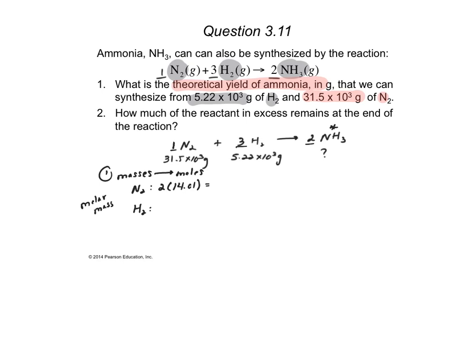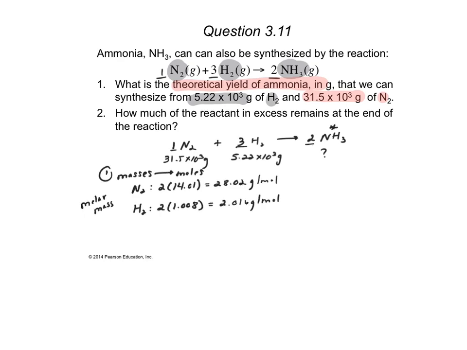So 2 times 14.01 is 28.02 grams per mole. We can do the same thing for hydrogen. Again, we have 2 hydrogens, each 1.008 grams per mole, so we get 2.016 grams per mole.